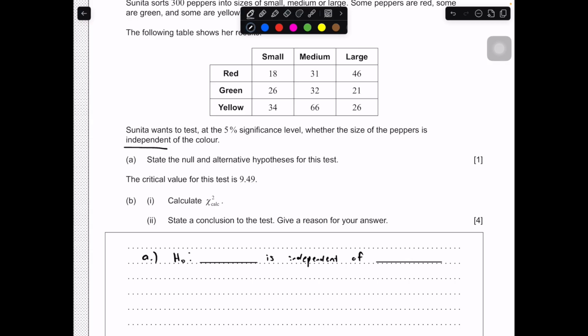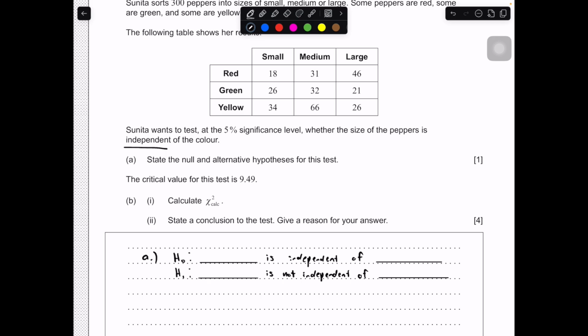Remember, null is like zero, the status quo in some sense. There's no relationship between these two variables. And then the alternative is: blank is not independent of blank, the other variable. It's always going to have this structure.